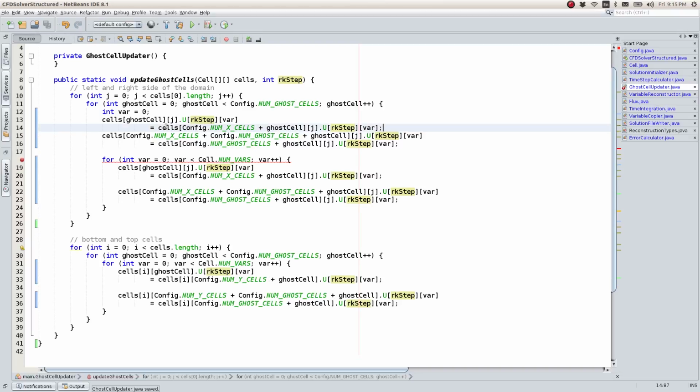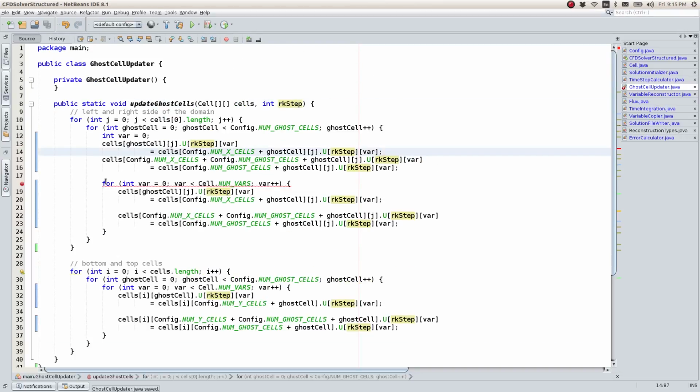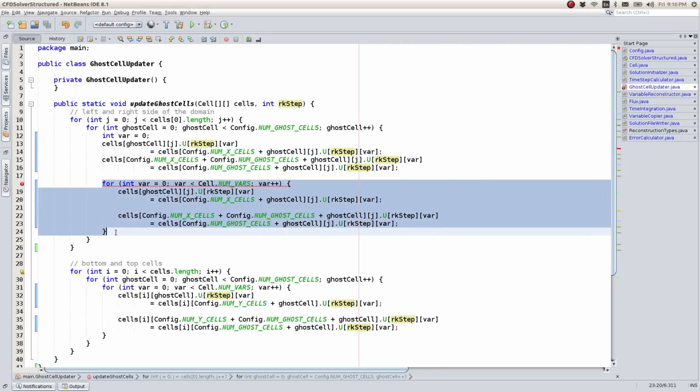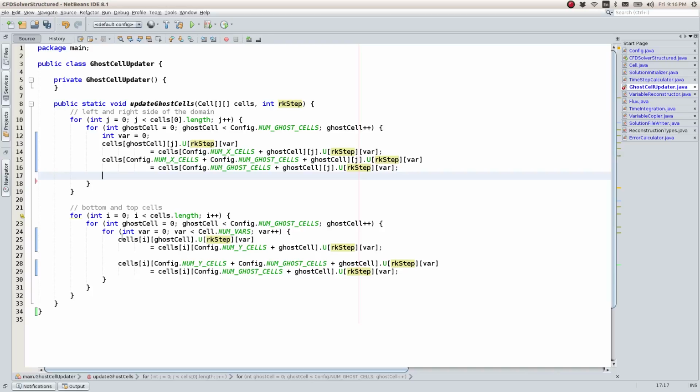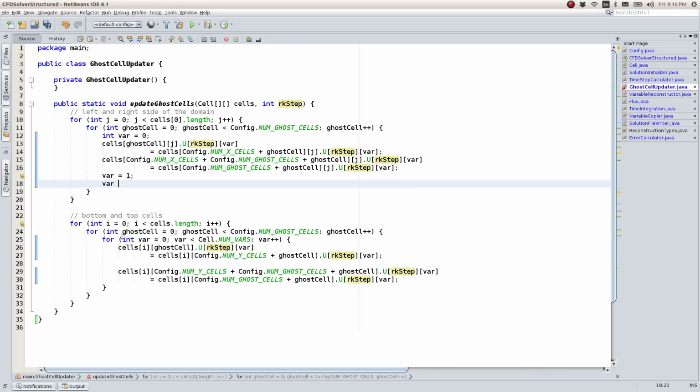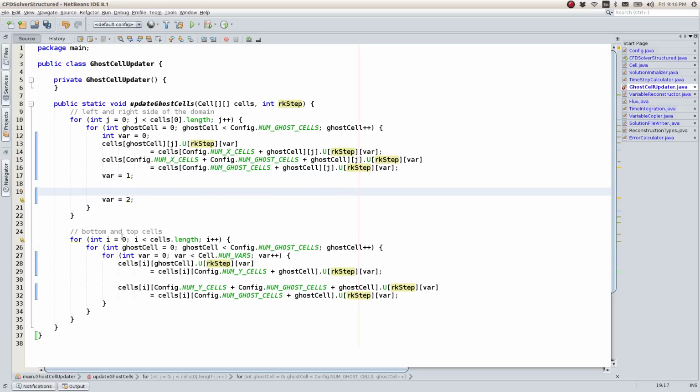Then variable is equal to 0. Well, I'll get rid of this as of now, not required anymore. So similarly I'll have variable equal to 1 and variable equal to 2. So these two need to be changed. Let us do it for variable 0, that is for h. We know that del h by del x should be equal to 0.